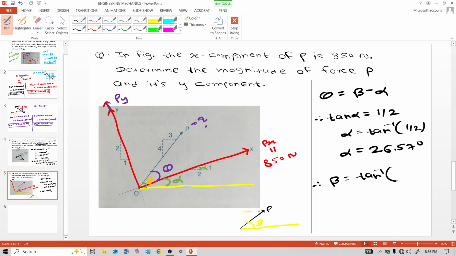So geometrically this angle will also be beta. So that's why beta will come here. So beta is equal to opposite side 4 upon adjacent side 3. So this beta will be shift tan inverse of 4/3. It is 53.13 degree.